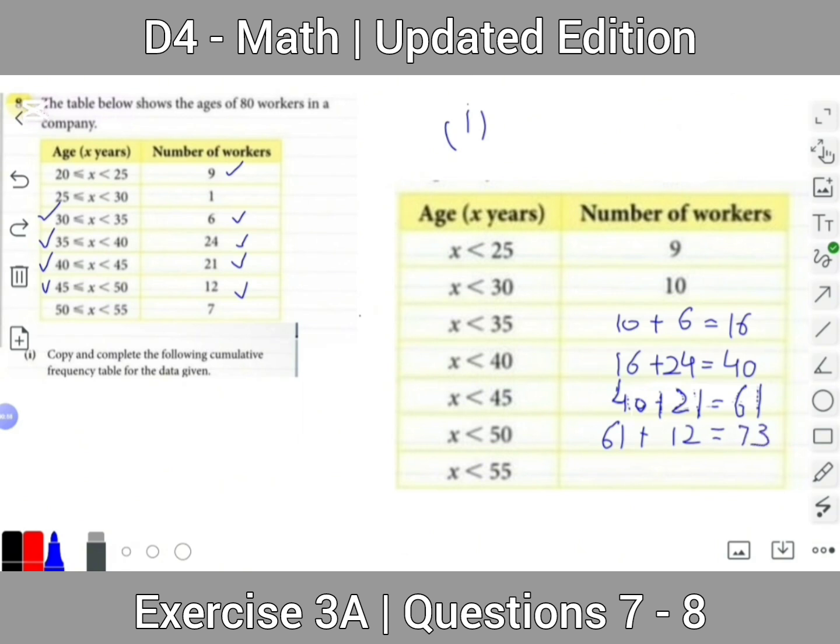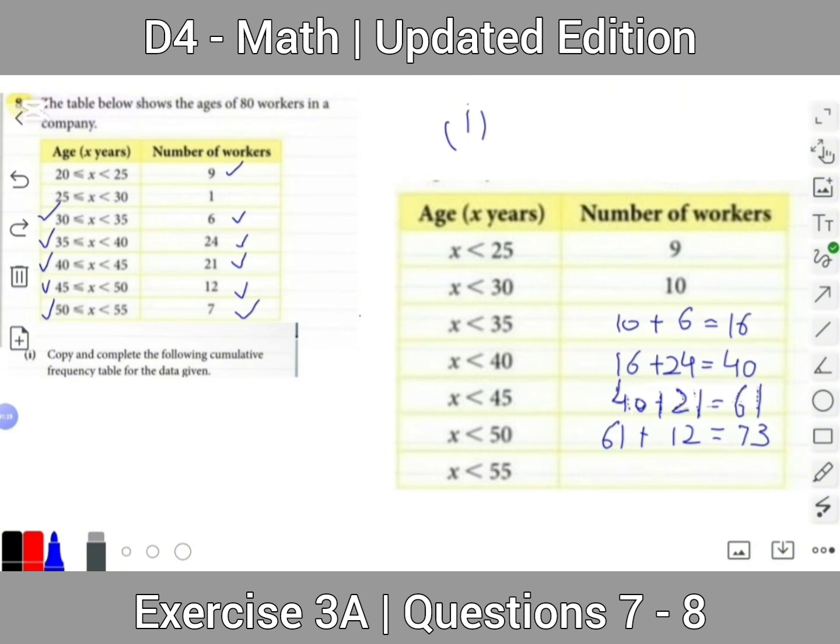Now if we look at the last entry of the frequency table, the class interval goes from 50 to 55 with a frequency of 7. We have to include all the previous frequencies, and we need the workers of all the ages going from 20 all the way up to 55.